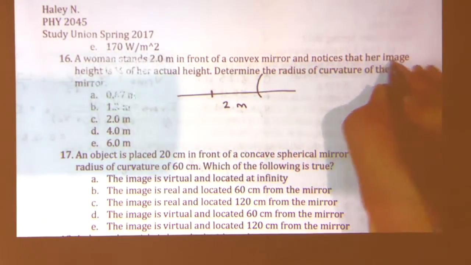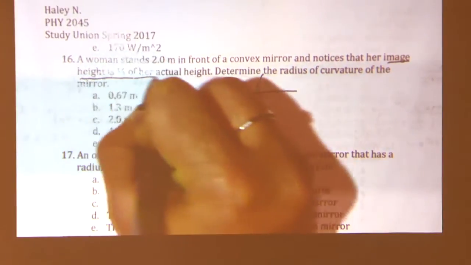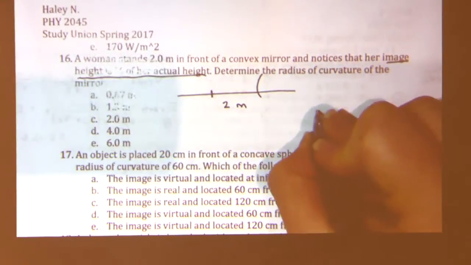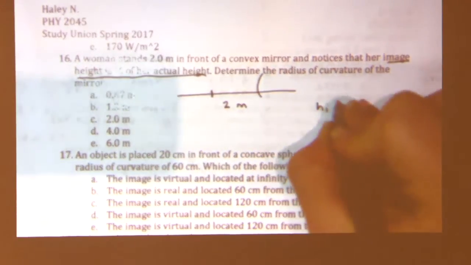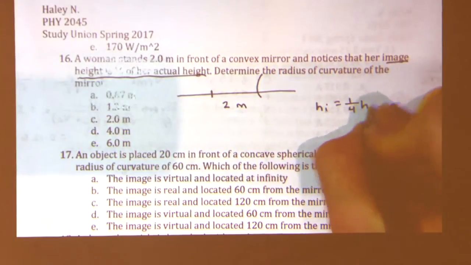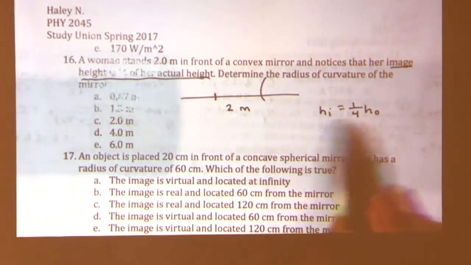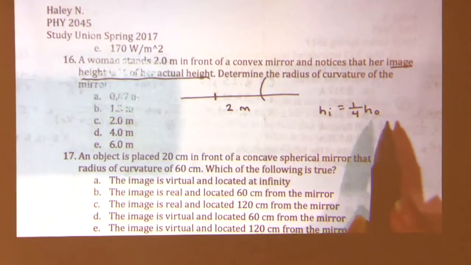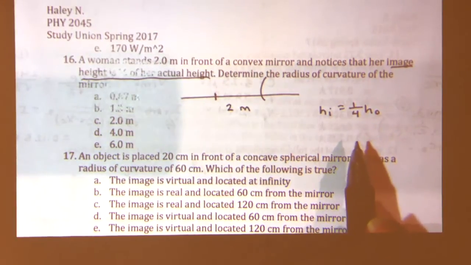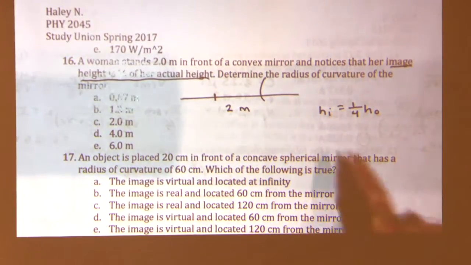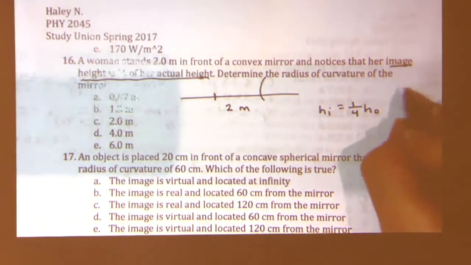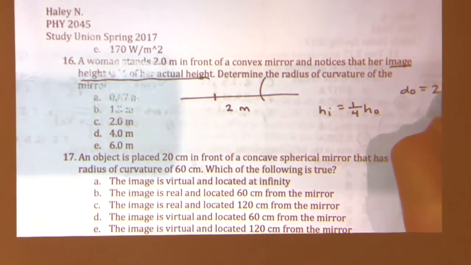So this phrase, image height 1/4 of her actual height, is basically saying HI is equal to 1/4 HO. Height of the image, height of the object. And we want to determine the radius of curvature. So we know HI, DO is equal to 2 meters.